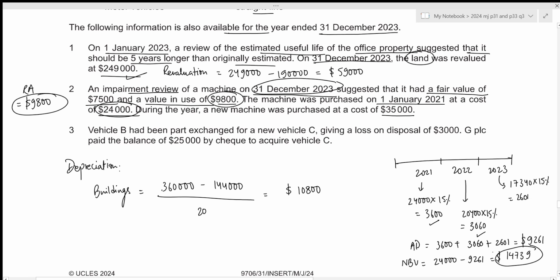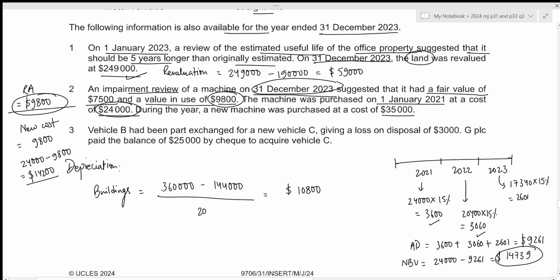Now, after there is an impairment loss, we need to replace the cost by the recoverable amount. So it is basically like revaluation. So the new cost to be included instead of 24,000 is 9,800. It just means that we need to subtract 24,000 minus 9,800 from our cost section. So we need to remove 14,200 from the cost section as part of impairment.